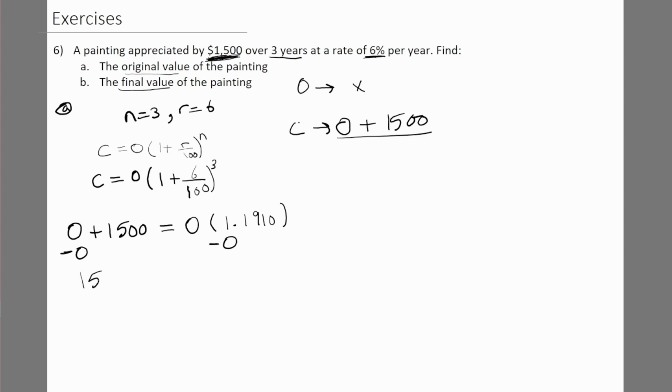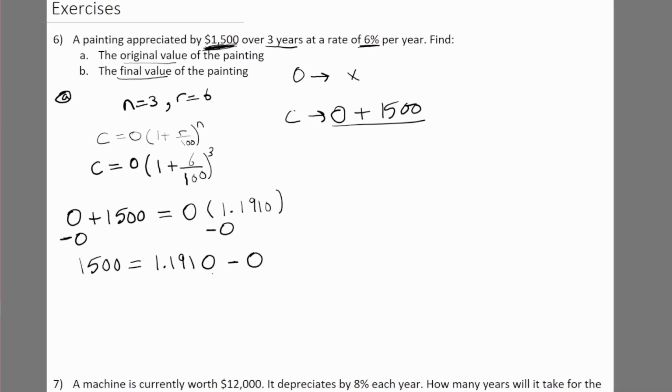So 1,500 is equal to, I'm going to rewrite this by putting the constant on the left-hand side, minus original. And obviously we can subtract those. So in the calculator we have 1.191016 and subtracted, we're going to put minus 1 and we get 0.191016 O is equal to 1,500.